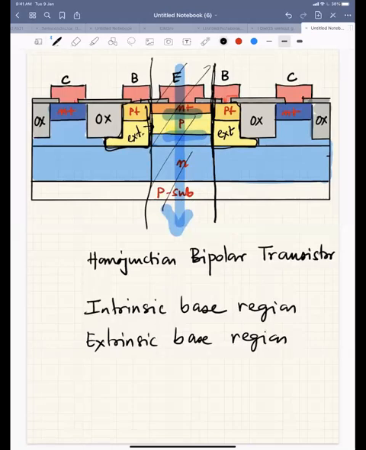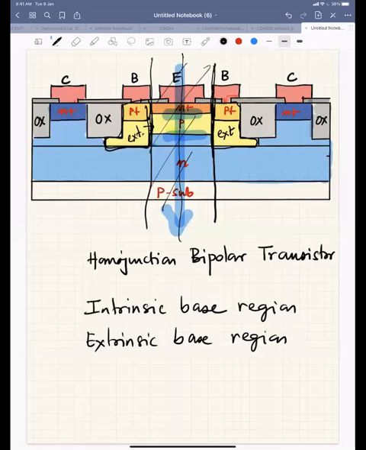Here you see I have two base contacts and one emitter contact. In many modern transistors, you have a base contact on only one side. But here it is a symmetric device, so if you take a cross section, the left-hand side and right-hand side are mirror images of each other.